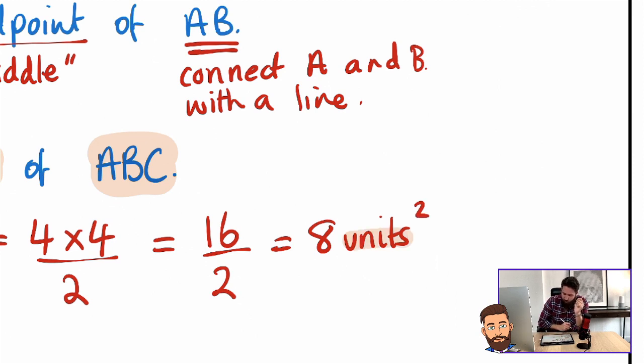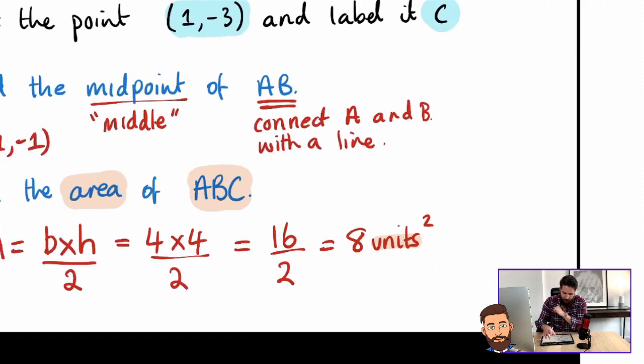Because we don't know what the unit of our graph is, we can simply say that it is 8 units squared. When we talk about area, we always have to have a unit squared. And if you do not know what the unit is, you can simply put units squared. Okay, so that would be the answer to that one.